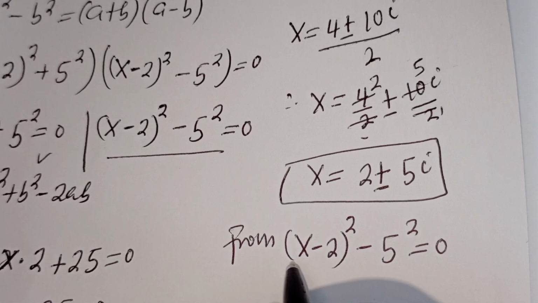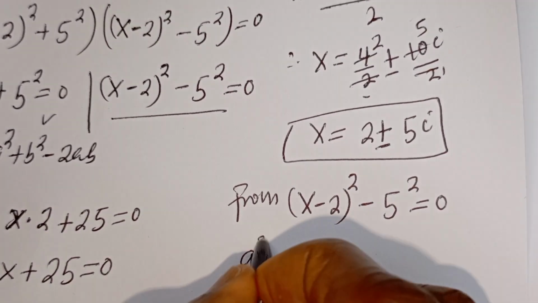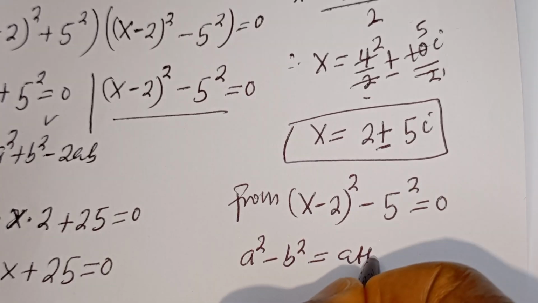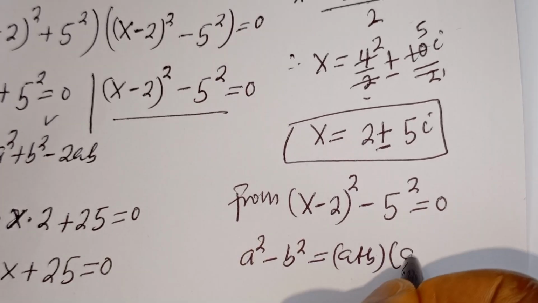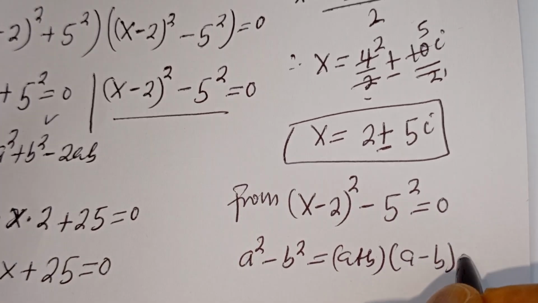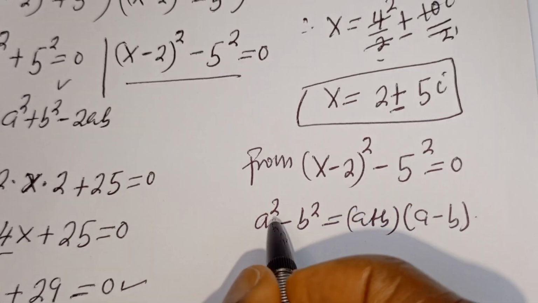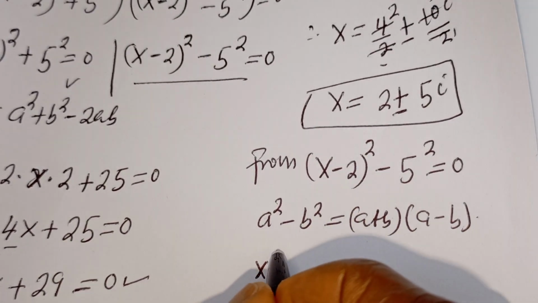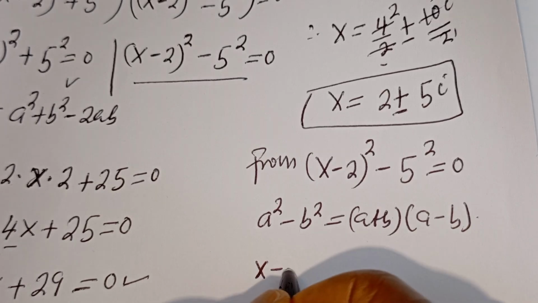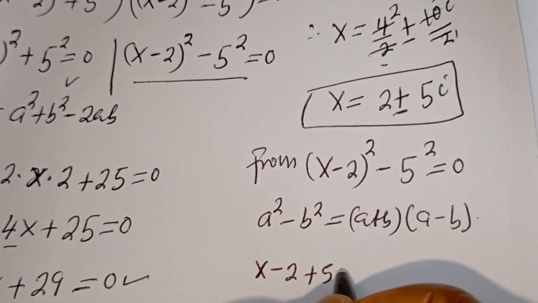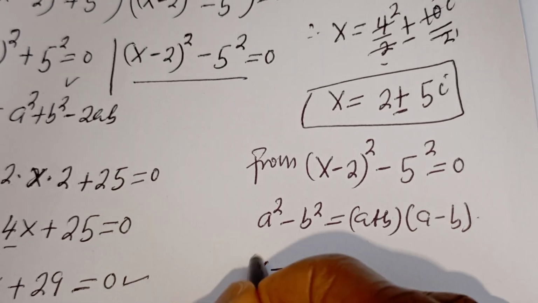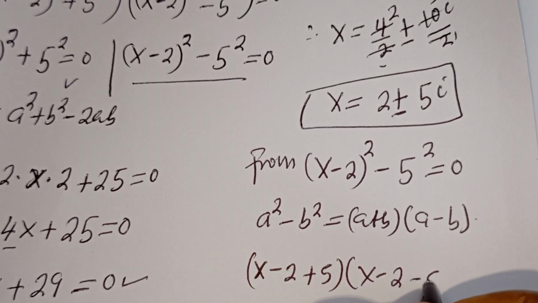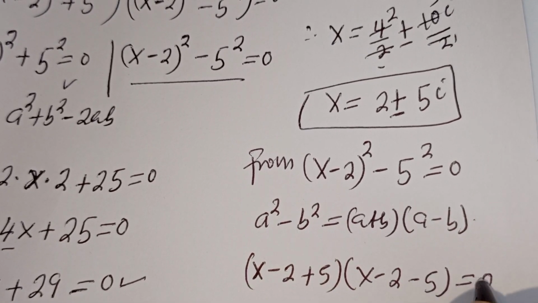That is, if you have a square minus b square, this is equal to (a plus b)(a minus b). Then we have (x minus 2 plus 5)(x minus 2 minus 5) is equal to 0.